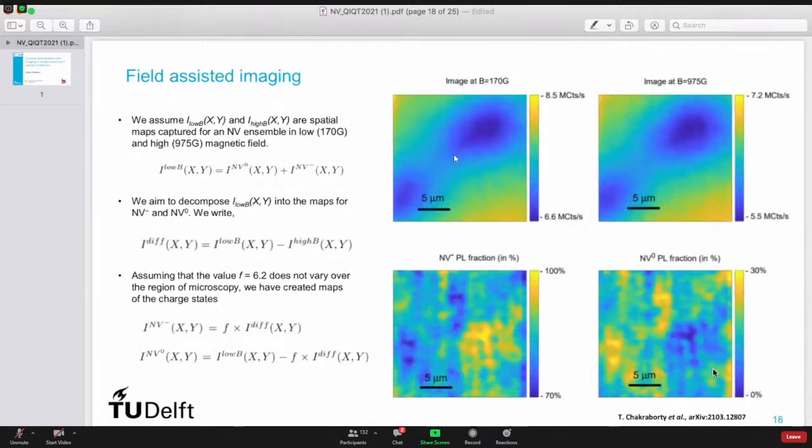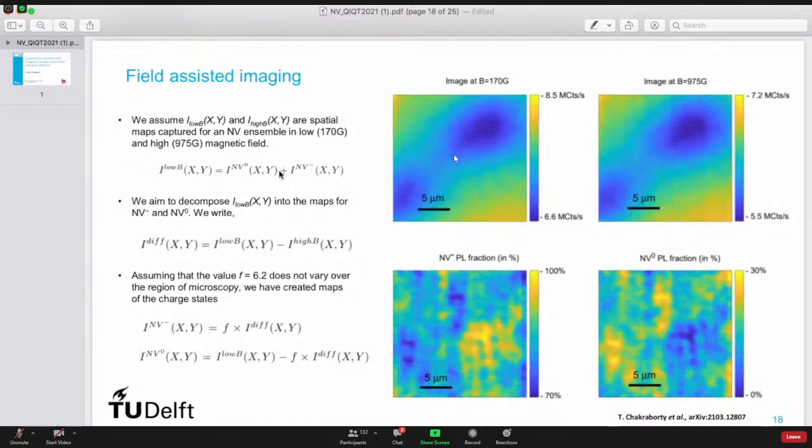Next, we applied this spectral decomposition analysis to perform the imaging for NV0 and NV minus centers. So we capture an image at 170 Gauss and then capture another image at 975 Gauss. And then we can write the image at 170 Gauss as an addition of the component signal from NV0 and NV minus.